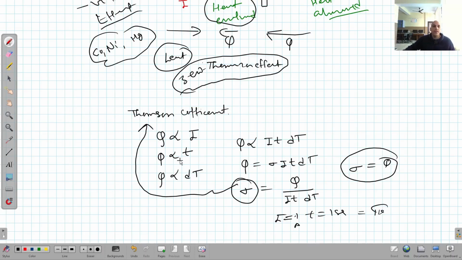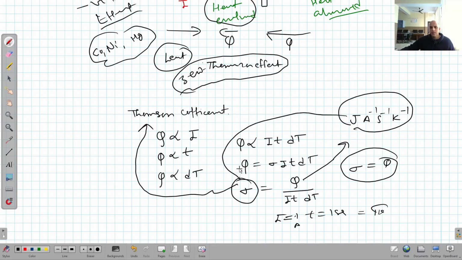This is the definition of the Thomson coefficient. The unit is joule per ampere per second per Kelvin.